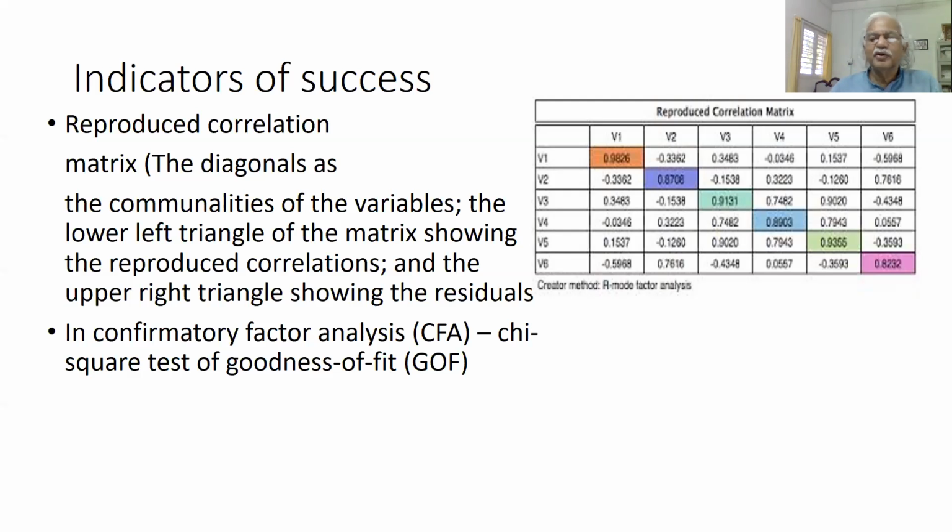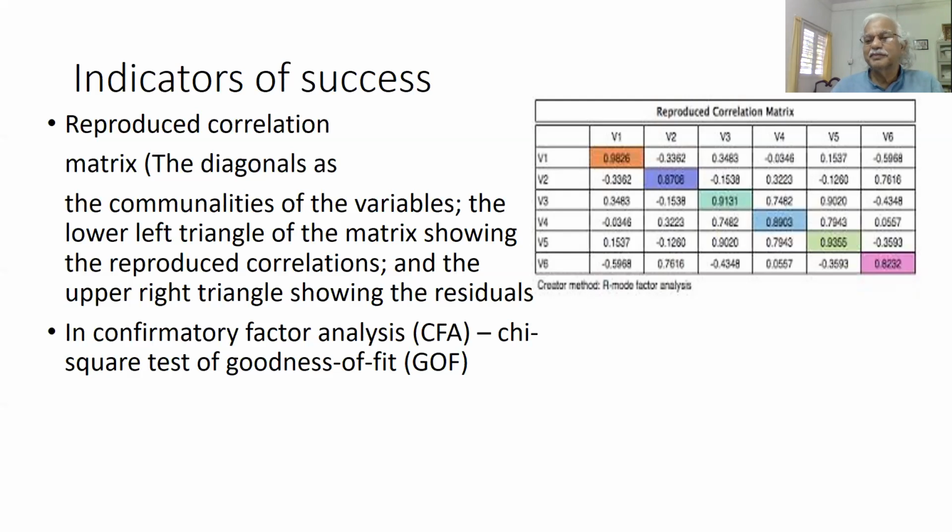But remember that if you are going for confirmatory factor analysis, you should have another set of data. Or what you can do is, if you have obtained data from 700 respondents, use 350, half of them, for fitting the model for exploratory factor analysis, and the data from the other 350 respondents for confirmatory factor analysis.